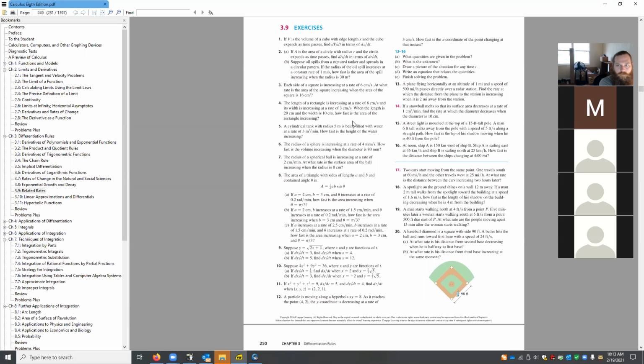Find the rate of change of the distance to the plane. Oh, actually, this isn't the one I was thinking of, but that's okay. Yeah, hang on. The distance from the plane to the station is increasing when it's 2 miles. Okay, we can do this.